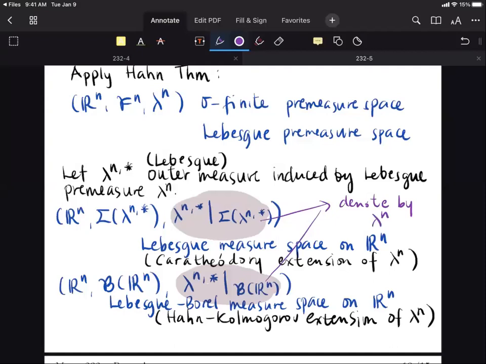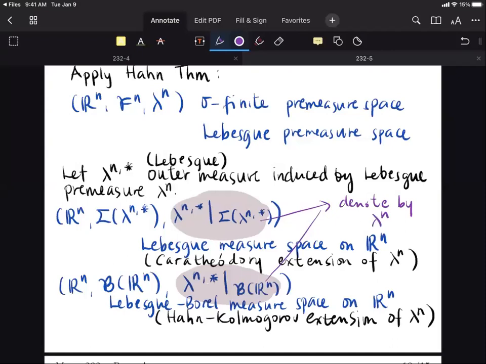Okay. Well, this is well defined because the restriction of the Lebesgue measure to the Borel sets is the Lebesgue-Borel measure. And on the other hand, the restriction of the Lebesgue-Borel measure to the elementary figures or to the cells is nothing but the Lebesgue pre-measure.